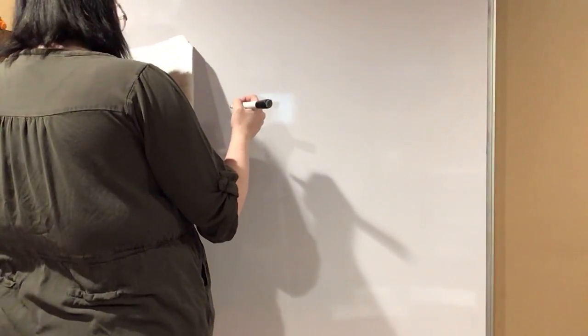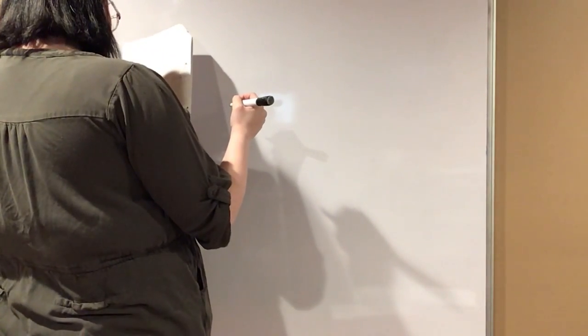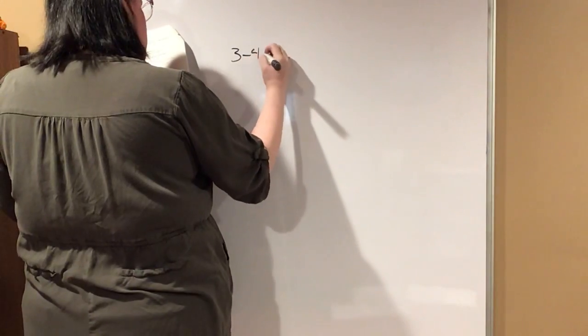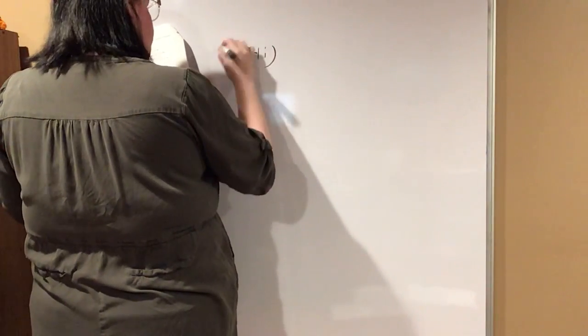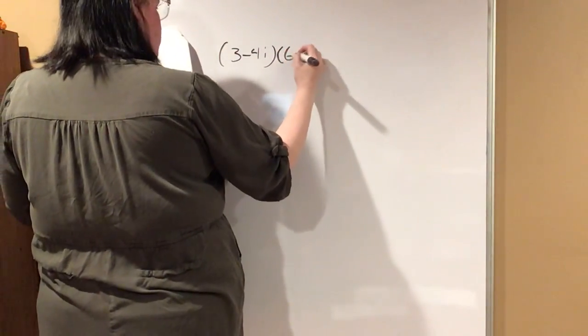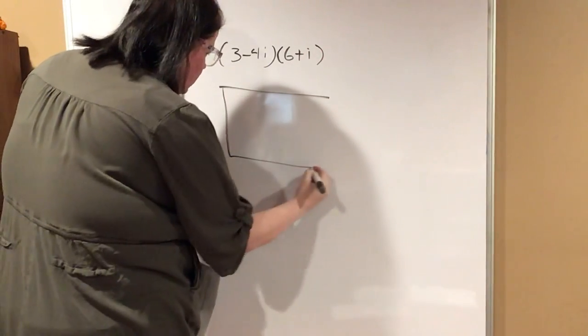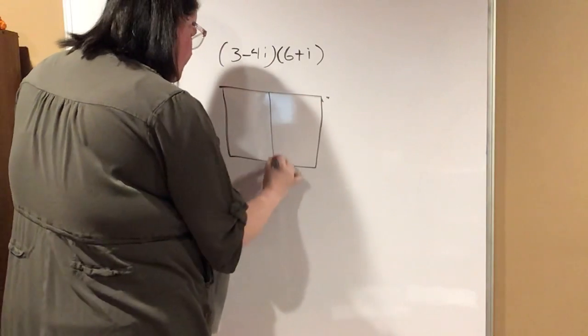So I know I showed you guys earlier that we have 3 minus 4i times, when we're multiplying, 6 plus i. I like to use my boxes because they're going to come in handy.